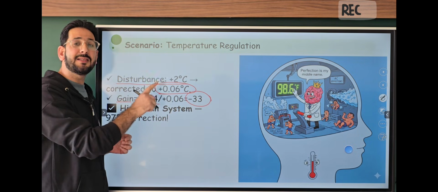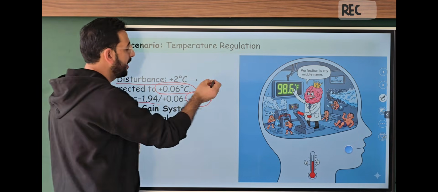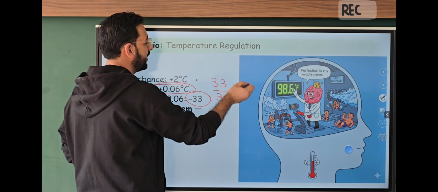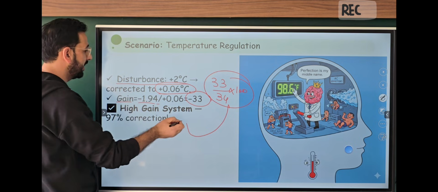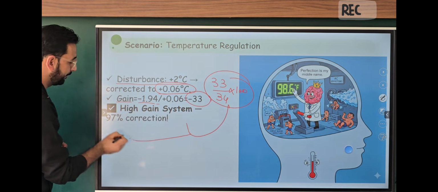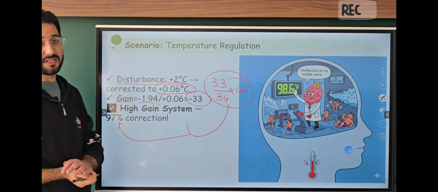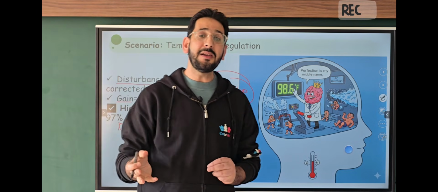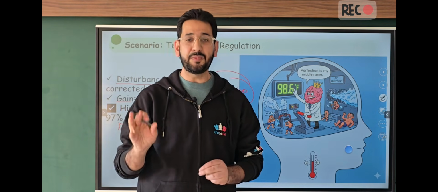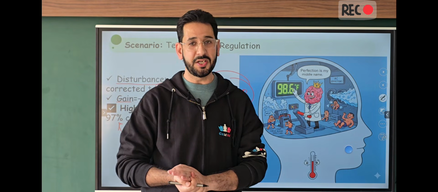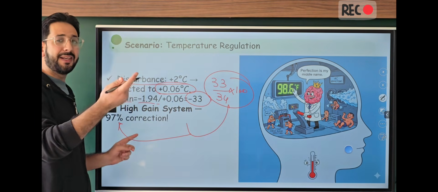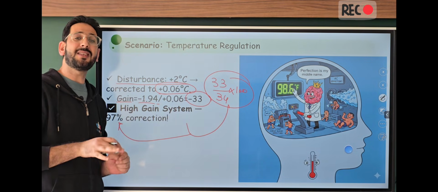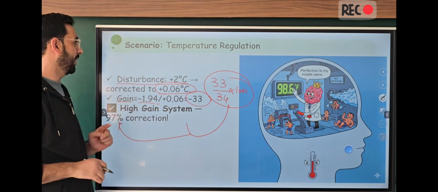And when we apply this in that percentage formula, it becomes 33 divided by 34 multiplied by 100, and it becomes somewhere around 97%. So this temperature regulation is a high gain system. That means the temperature regulation mechanism is more efficient than the blood pressure regulation. Okay, because there the gain was 66% and here the gain is 97%. So this thermoregulation is the high gain system.